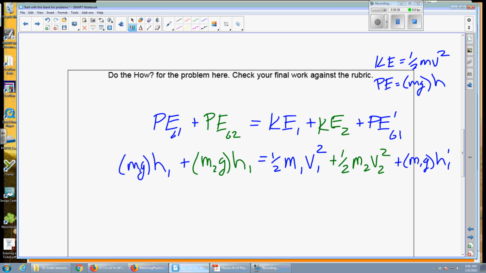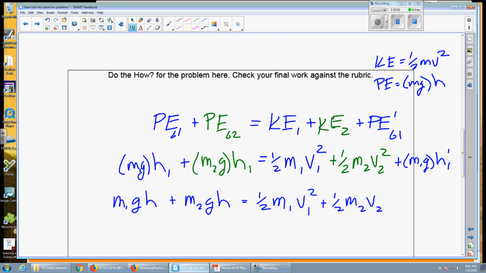So this would be m1gh plus m2gh equals 1/2 m1 v1 squared plus 1/2 m2 v2 squared plus m1g 2h.